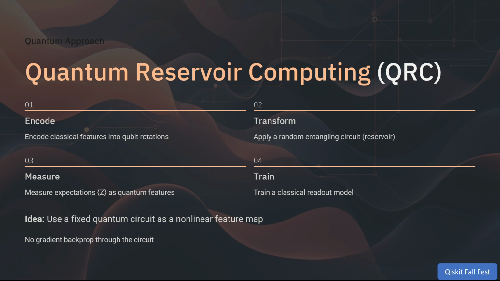These expectation values form a quantum feature vector, and we train a classical ridge regression as a readout. Importantly, we do not backpropagate gradients through the quantum circuit, which makes the approach more stable on near-term hardware.